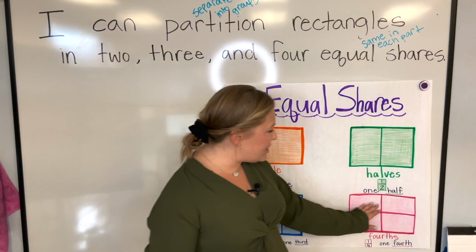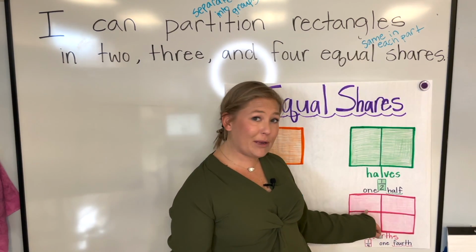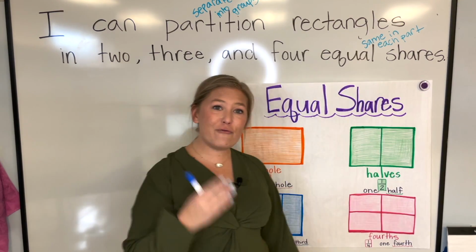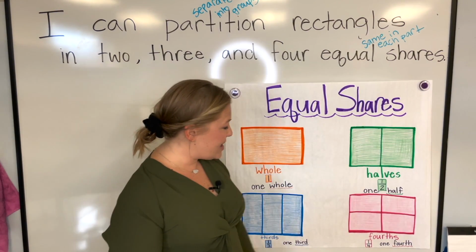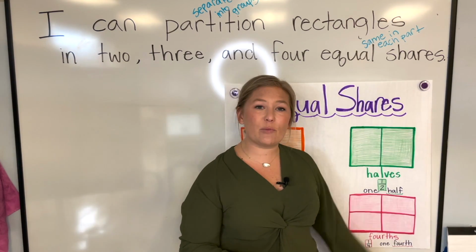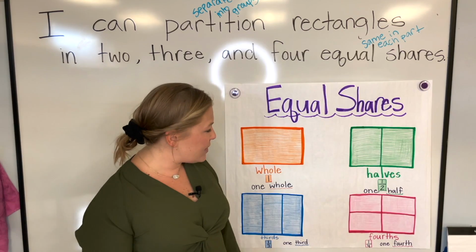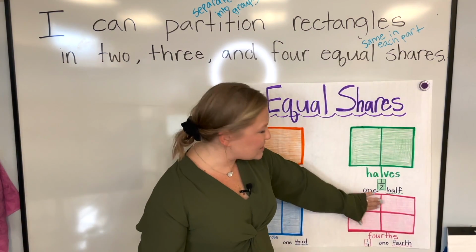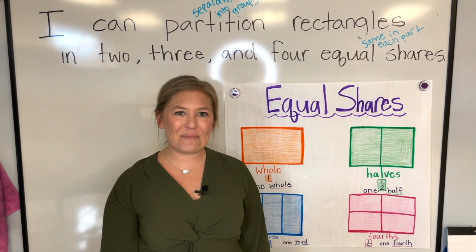And then the last one is 4. So it's broken up into how many pieces? 1, 2, 3, 4 equal shares. And we see our fraction sometimes as 1/4, or you might hear someone say 1/4. Again, if I said color 1/4 of your rectangle, you would just color one piece of it.